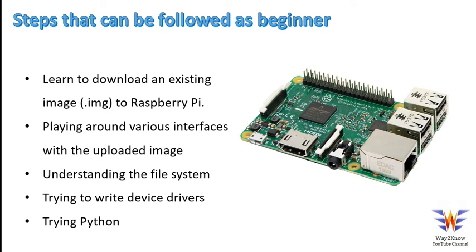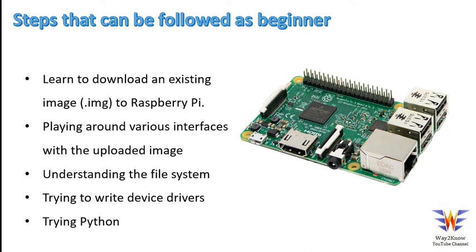The first thing is, if you go to the Raspberry Pi website, you have a lot of tutorials, a lot of interfaces, and especially there is an operating system image that is built for Raspberry Pi. Because the Raspberry Pi board has a Broadcom based processor, you need an operating system that needs to run on this board.